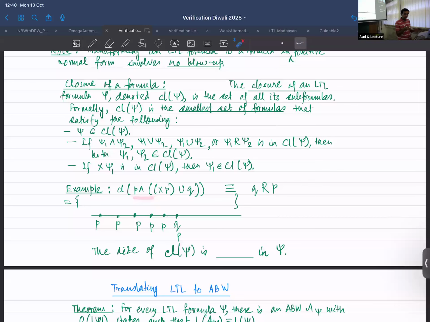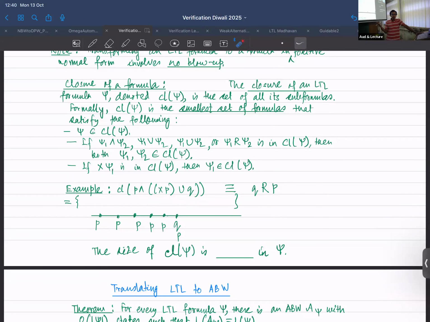P and next P until Q. It says that whenever there is a P, P is holding true, then in the next position also P has to hold true, as well as XP until Q holds true.